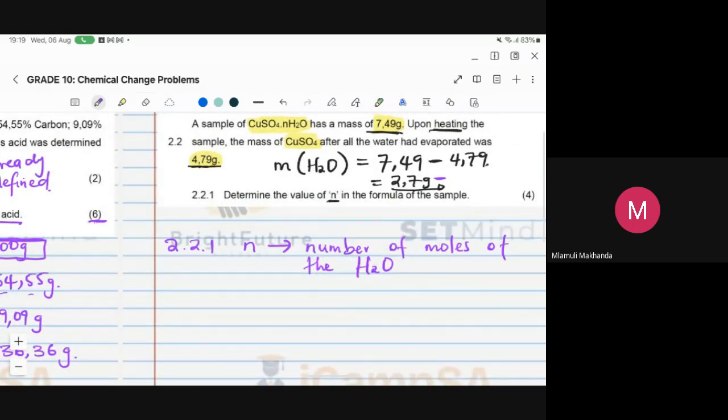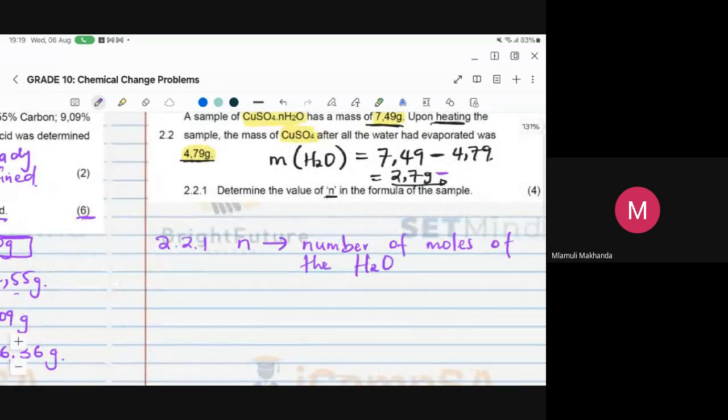Great. Now let's find the number of moles of the water.